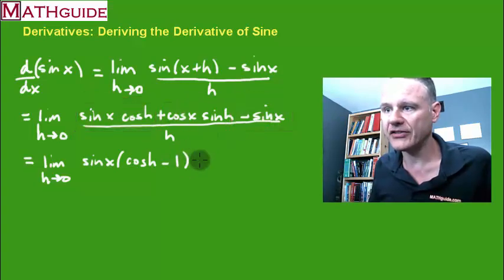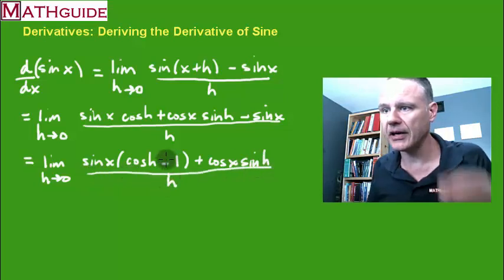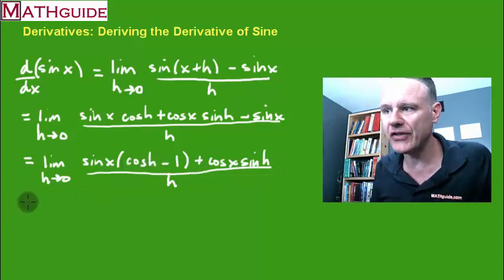And then I still have this term, plus cosine of x sine h, all over h. Hard to draw straight lines with the tablet, so you'll have to excuse that.